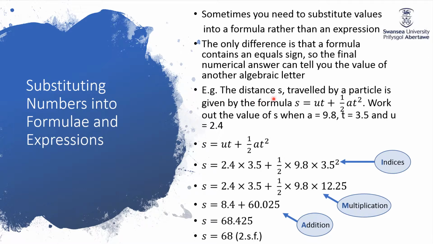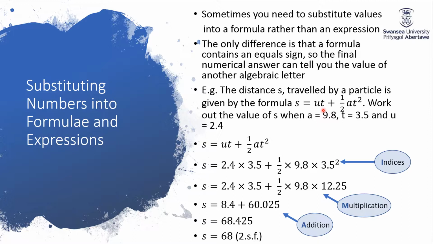So the distance s travelled by a particle is given by the formula s equals ut plus a half at squared. So here we're told s is distance. Now some of you may know this equation. Here we have u, which is the initial speed of the particle.